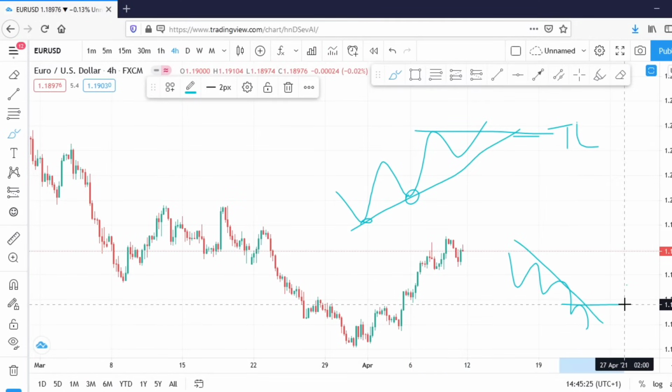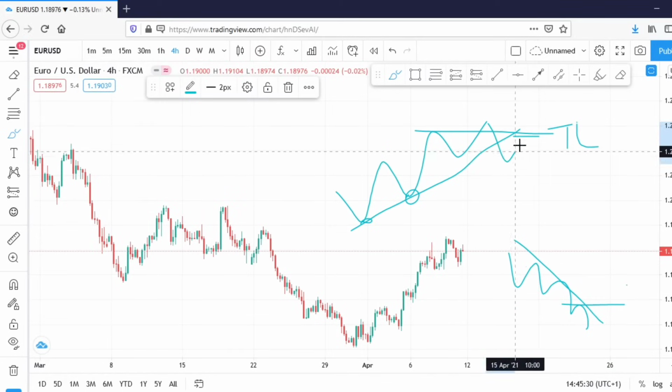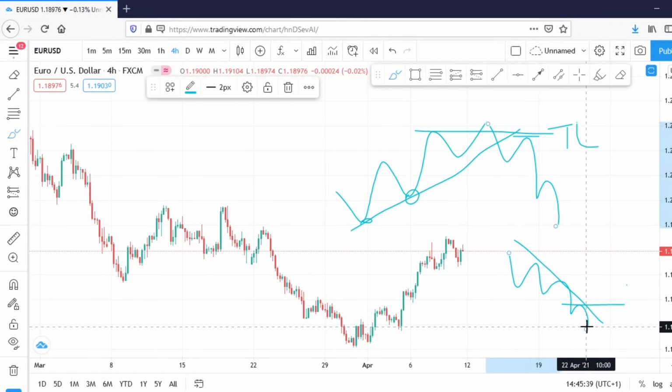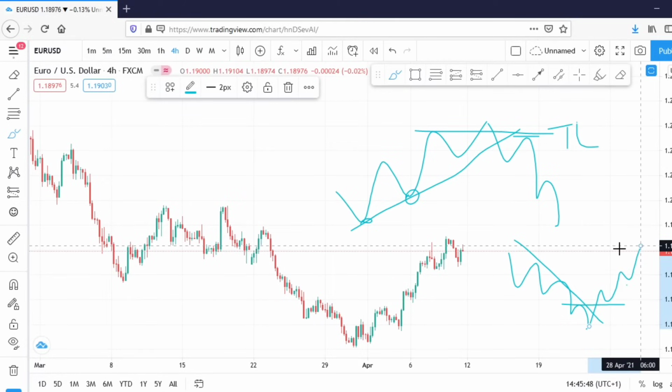So in this case, there could be a break here, and the price could just touch this resistance level before continuing to the downside, not necessarily touching the trend line. And in the case of a downtrend, there could be a break above and touching the next support level and continuation to the upside. So that's the way the break and retest can happen.